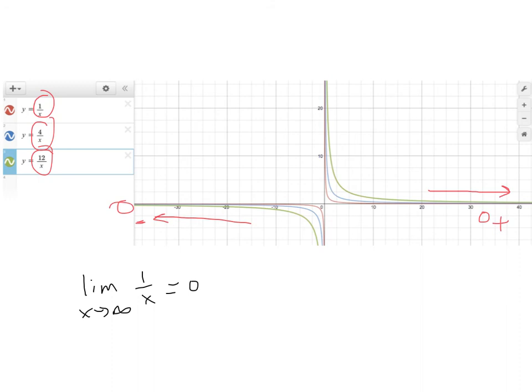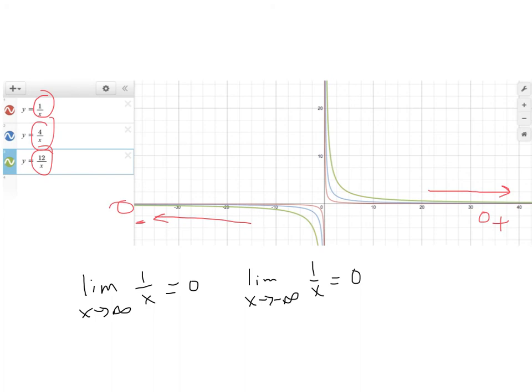When I put an infinity in here, 1 over x goes to 1 over some really, really huge number, and that basically is heading to 0. The same is true for the limit as x approaches negative infinity of 1 over x. We head to 0. In fact, I could rewrite these statements with 4 over x or 12 over x or 72 over x or 150,000 over x.